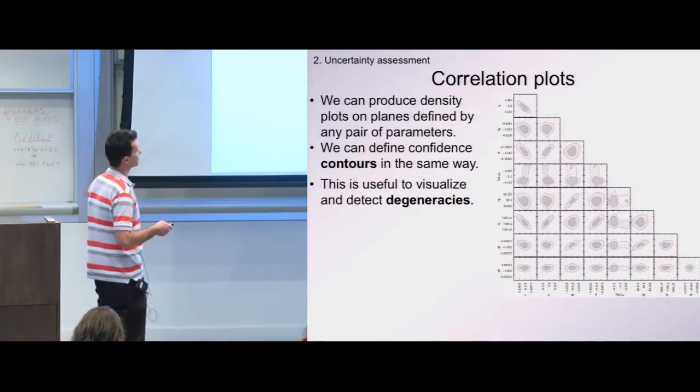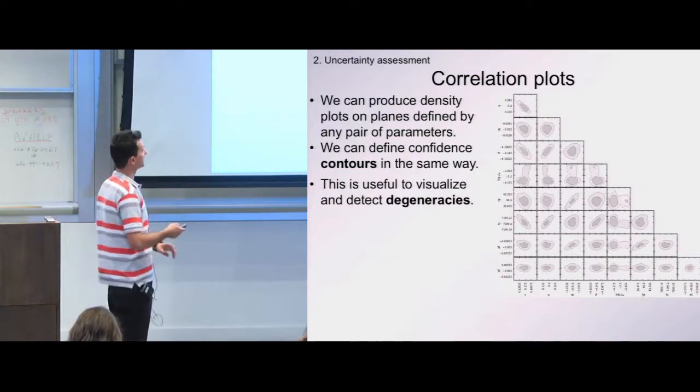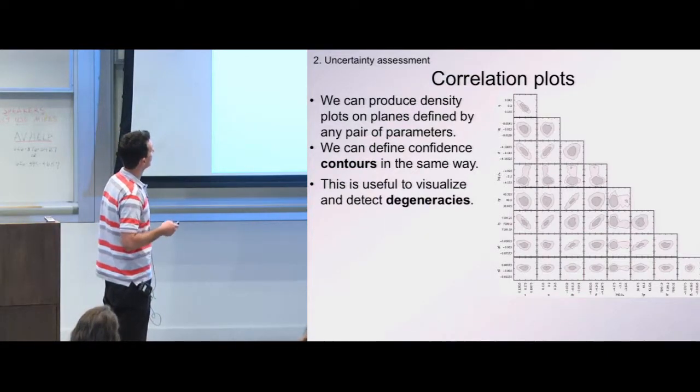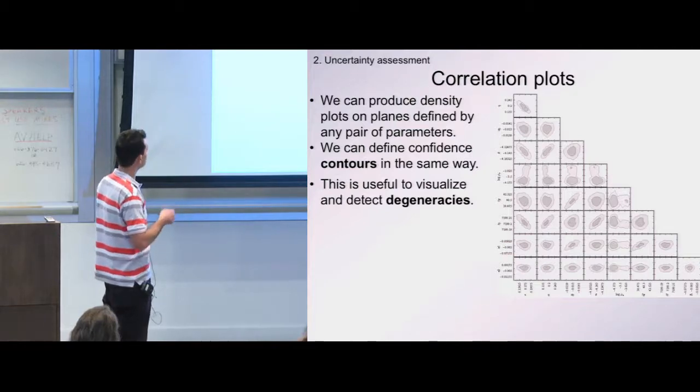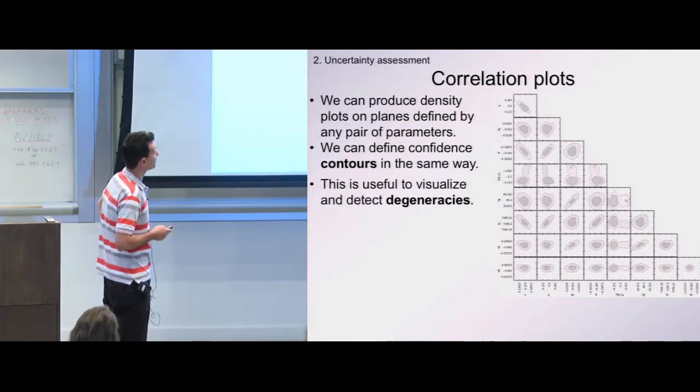With Markov chains, you can also build correlation plots by combining 2 parameters together, and these are very useful. You can also draw contours, in this case confidence level contours, including 90%, 95%, or whatever of your points. This is very useful also to visualize the degeneracies.